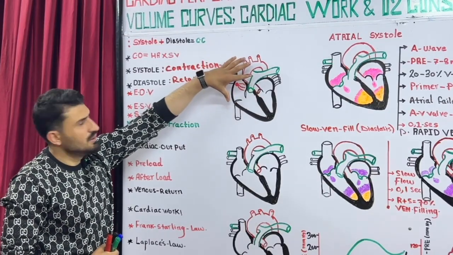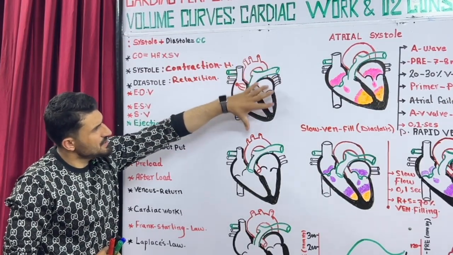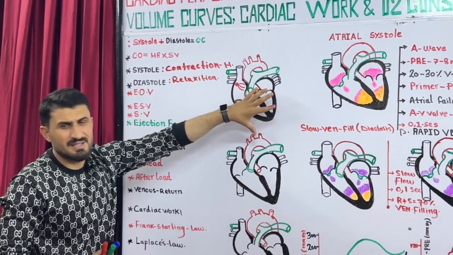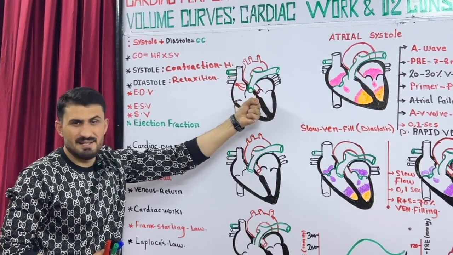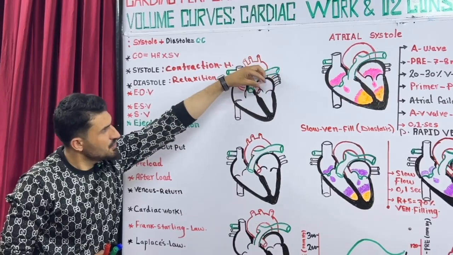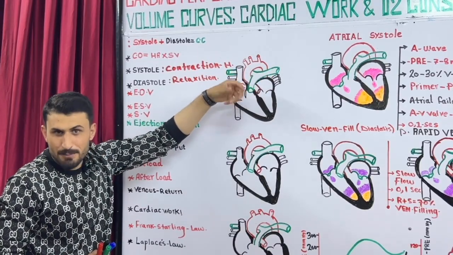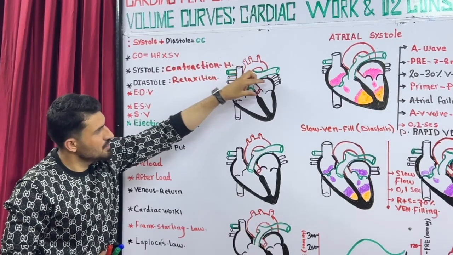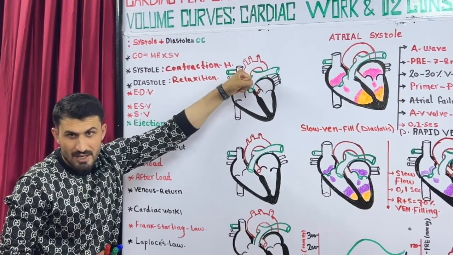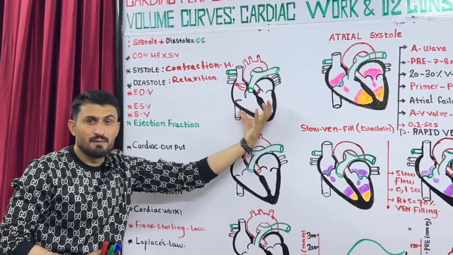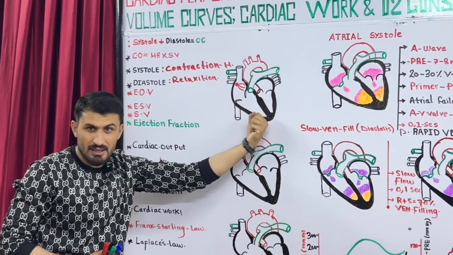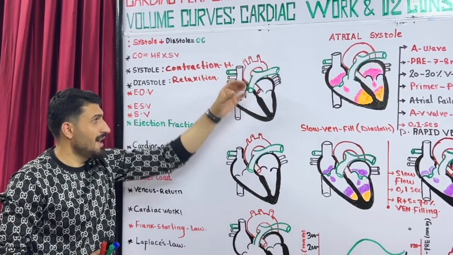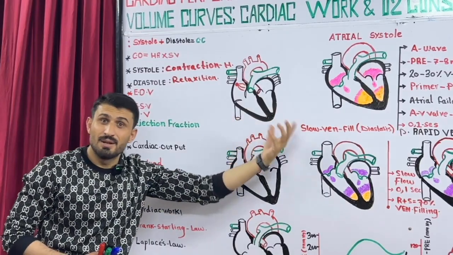When the heart is going to systole, all chambers do not go simultaneously to systole. First, the atria go. Atria is the plural of atrium. First these two atria contract, then these two ventricles contract. Then the two atria relax, and then the two ventricles relax.